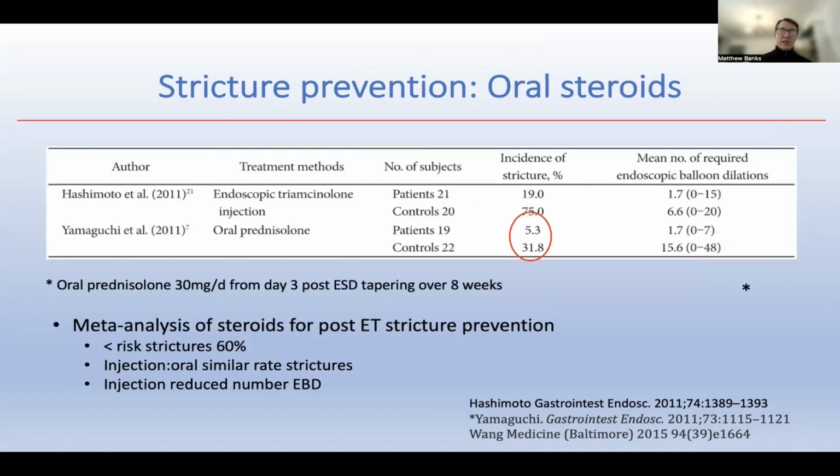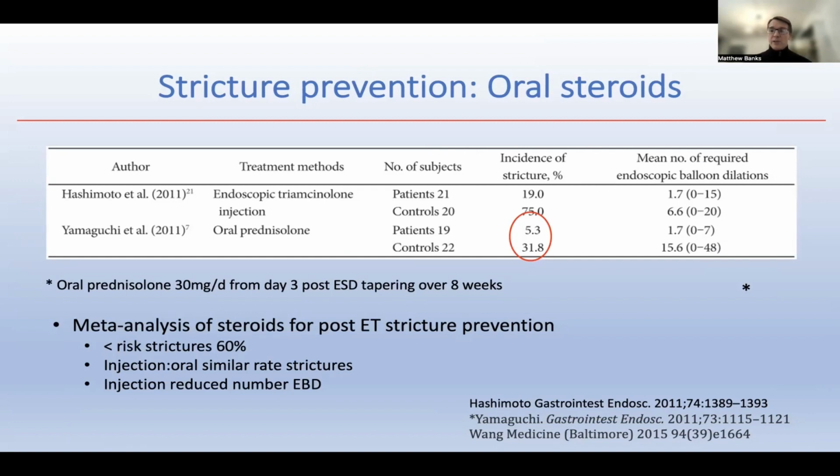Now, if you look at oral steroids, the protocol here being 30 milligrams of oral prednisolone per day, tapered over 8 weeks, there's also a substantial improvement in stricture formation, comparing controls and patients, from 30 to 5%.